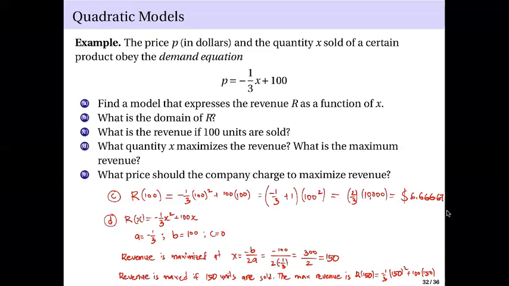So we'll get $7,500. That will be the maximum revenue.